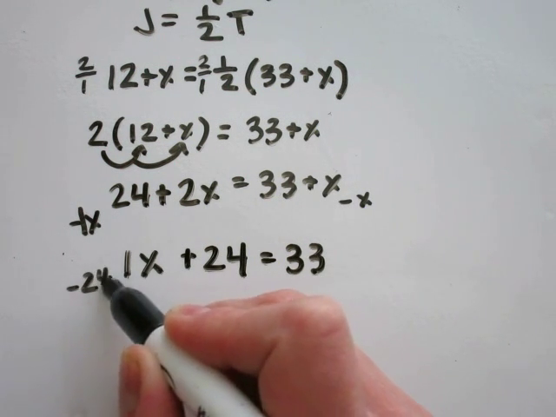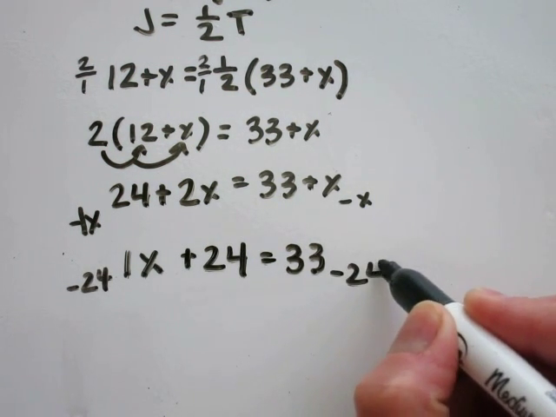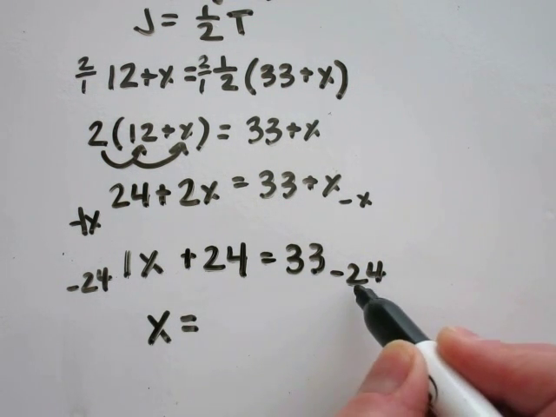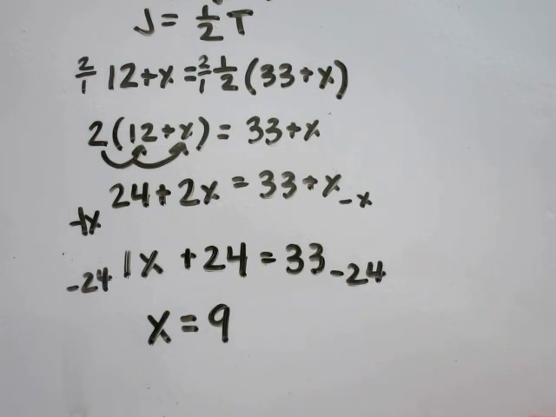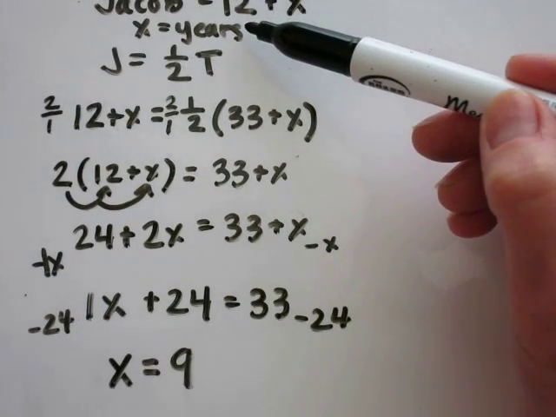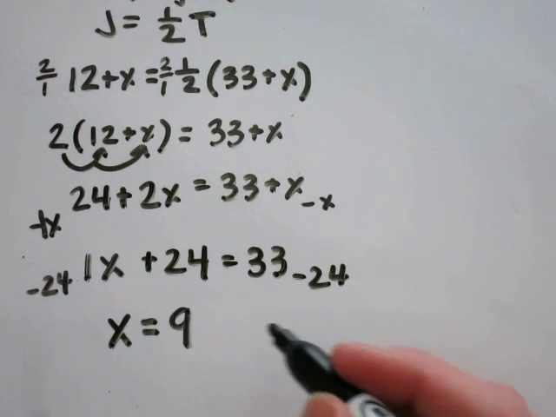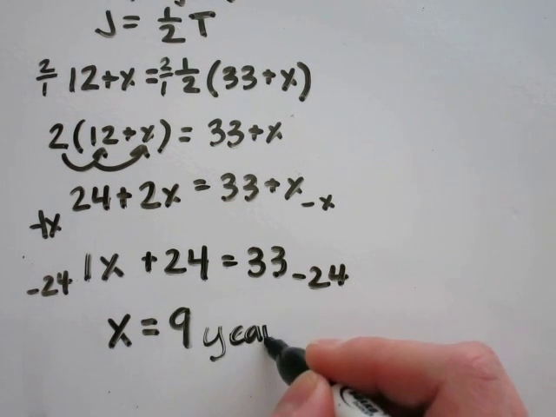Subtract 24 from each side. 1x is the same as just x. 33 minus 24 is 9. And x is the number of years it's going to take Jacob to be half of Todd's age. So the answer is 9 years.